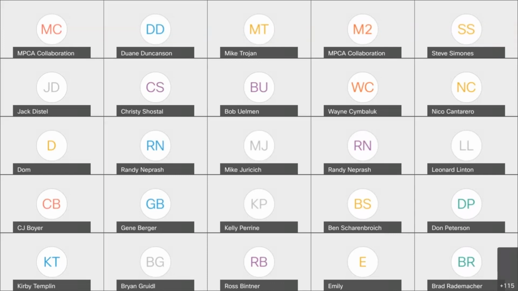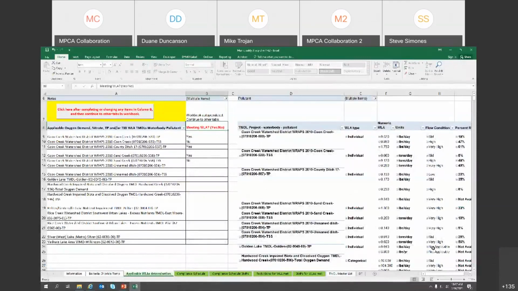Okay. Can you explain the waste load allocation types and what they mean? Also, why the different flow conditions. If percent reduction is not available, do we need to do anything? If we don't dump water into an impaired water body, do we need to do anything with it? Okay, let's look at the spreadsheet again. Sorry, I lost the question.